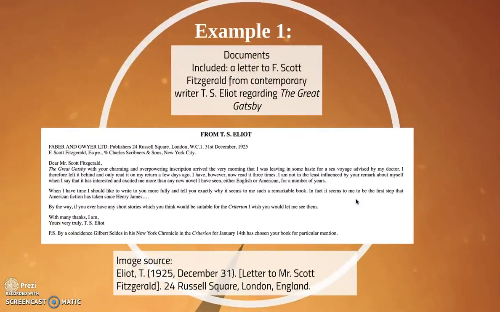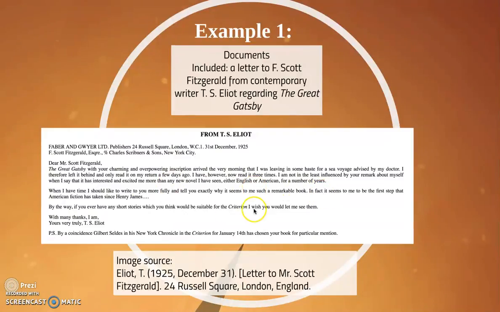So our first example is a letter written by T.S. Eliot to his writing buddy, Mr. Scott Fitzgerald. It's sort of saying that he really liked it. It interested and excited him more than any new novel he's seen, English or American, for a number of years.